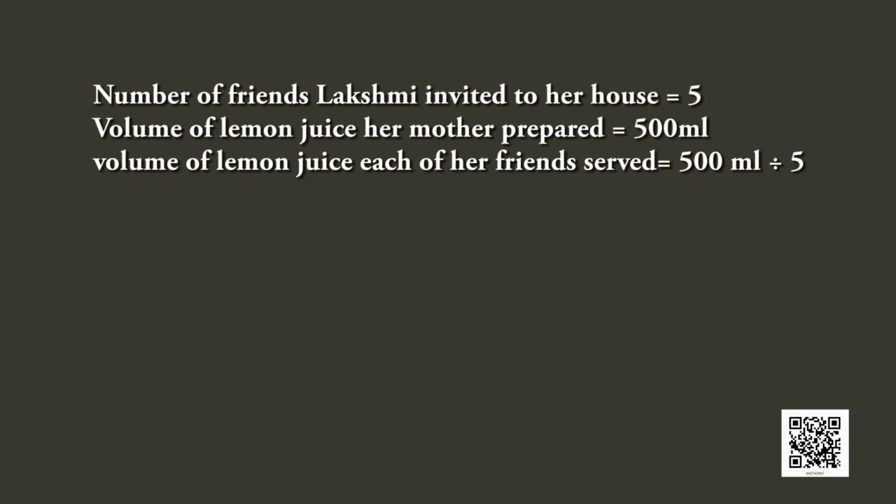Number of friends Lakshmi invited to her house is equal to 5. Volume of lemon juice her mother prepared is equal to 500 milliliters. Volume of lemon juice each of her friends served is equal to 500 milliliters divided by 5. We now divide 500 divided by 5. 5 ones are 5, 5 minus 5 is equal to 0.